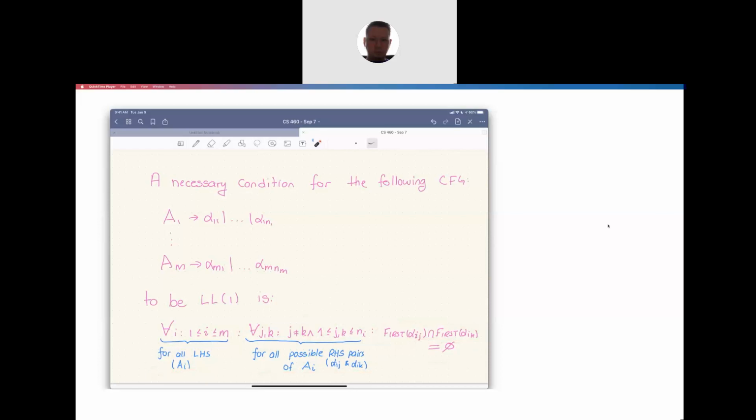And that's exactly what Daniel and Benjamin and Brian and Dennis and everybody said had to be the case for us to always be able to, with just one lookahead, determine the next step in the derivation.